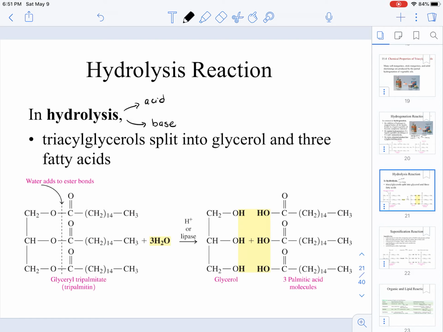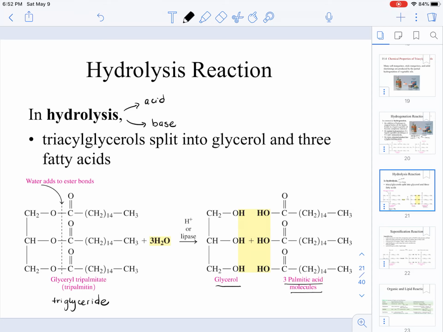In acid hydrolysis, which is the one that we have in this slide, we are going to be converting our triglyceride into its components, glycerol, and in this case, because of the original molecule, we're going to have palmitic acid.